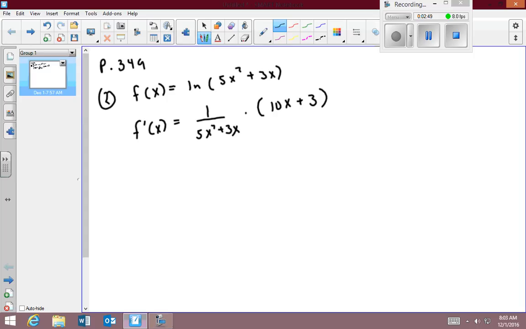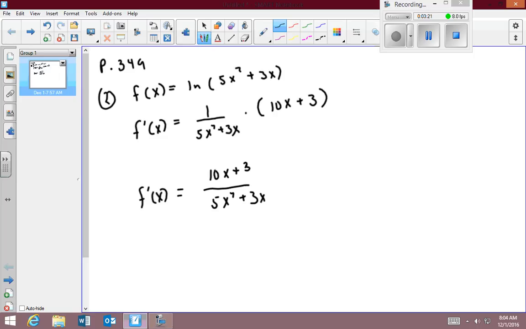Let's see. I don't know if there is a common factor. I mean, we could write this as 10x plus 3 over 5x to the 7 plus 3x. Now, if you could reduce that down, you'd want to, but there isn't anything that's going to.